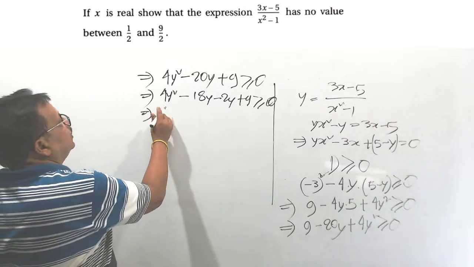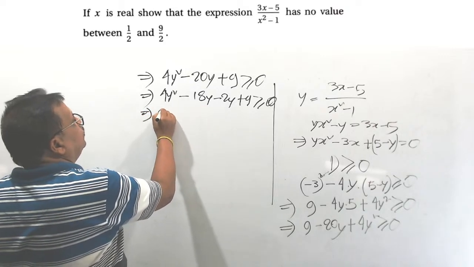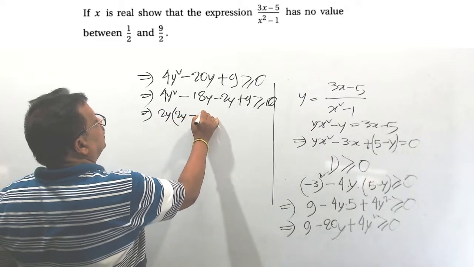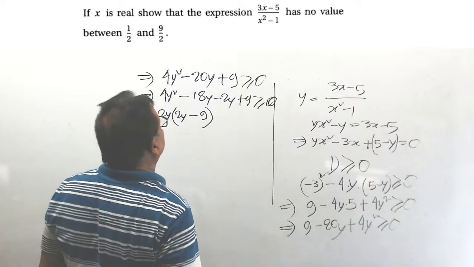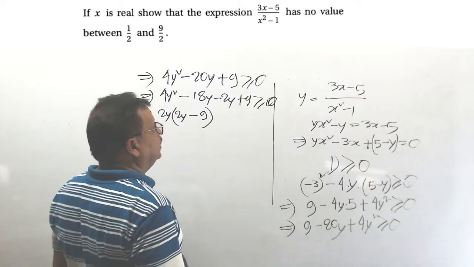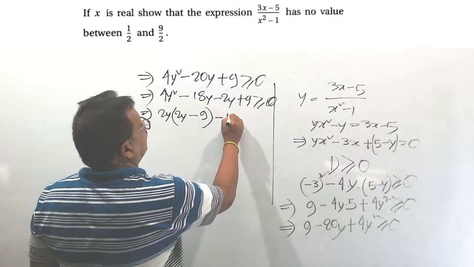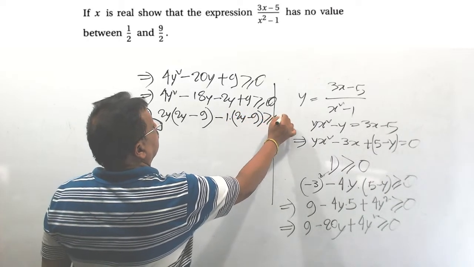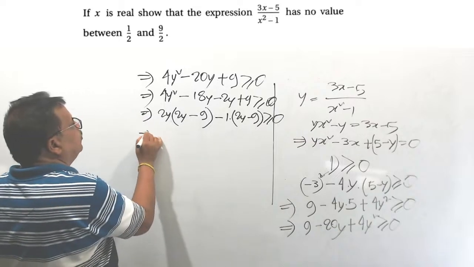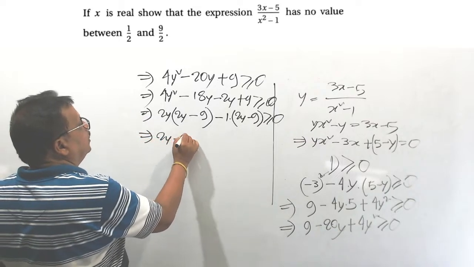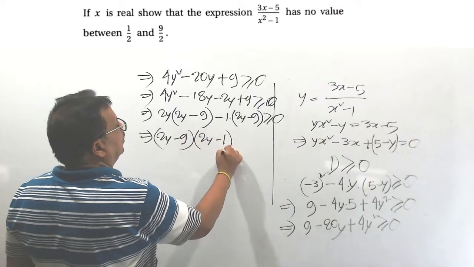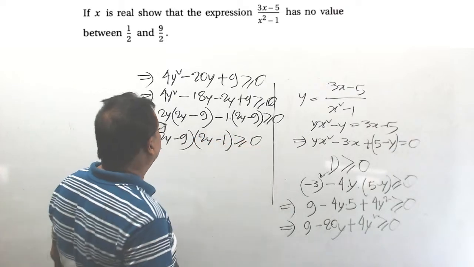This implies what can you take common? 2y. So 2y minus 9 minus 1 into 2y minus 9 greater than or equal to 0. Understood? Take common 2y minus 9. That means 2y minus 1 greater than or equal to 0.